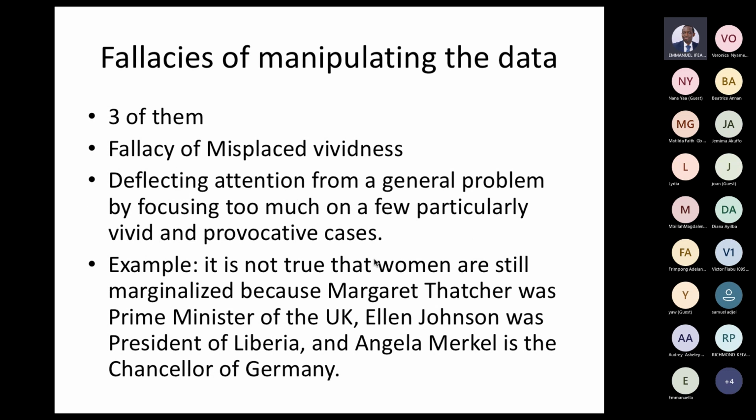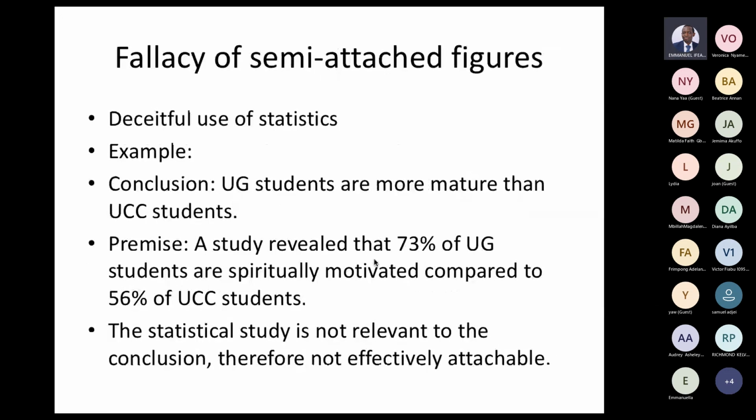Misplaced vividness, when you are trying to displace a general argument by offering a few vivid counterexamples. That's an informal fallacy. Fallacy of semi-attached figures, when you make a claim and then you support that claim with improper statistics, or statistics that don't exactly support that claim. That's an informal fallacy too.